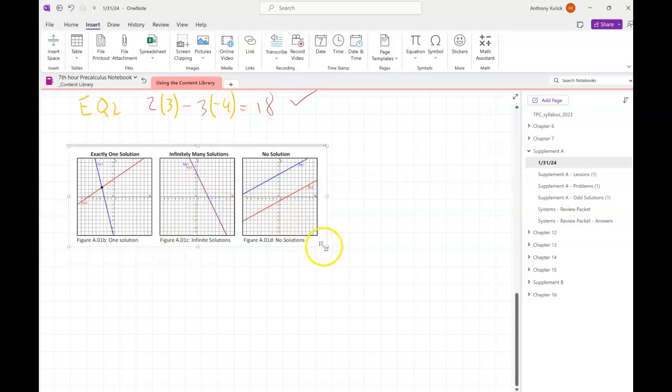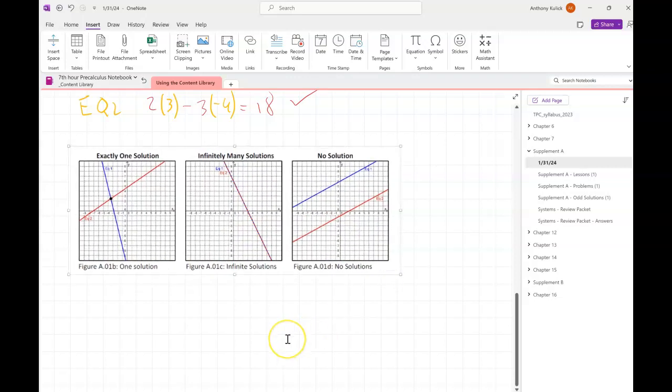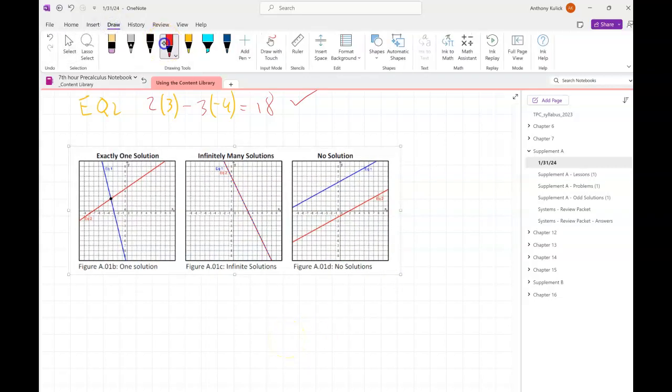Now, so that's what the graphs would look like, right? Would it be nice to be able to look at our equations and tell which one of these three situations we were in before we even start the problem? Yeah, right?